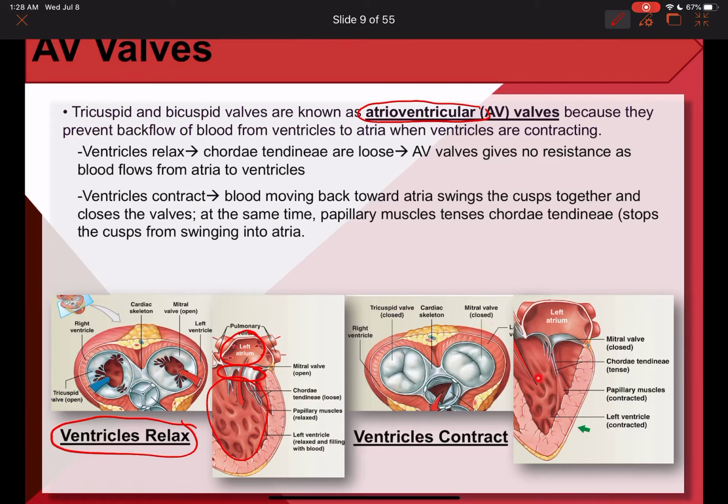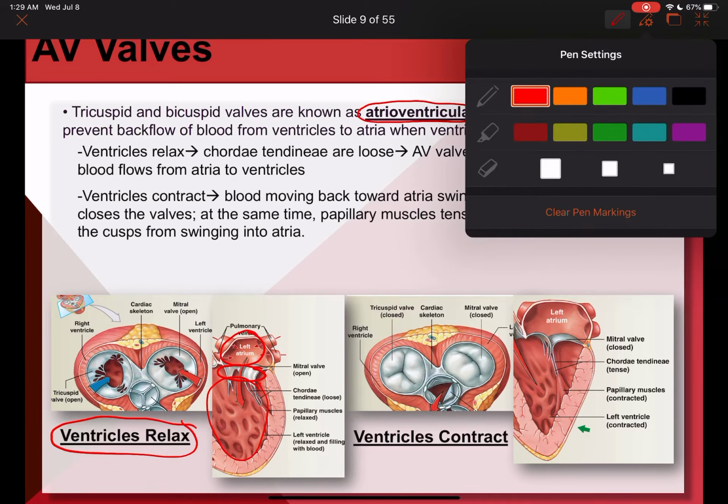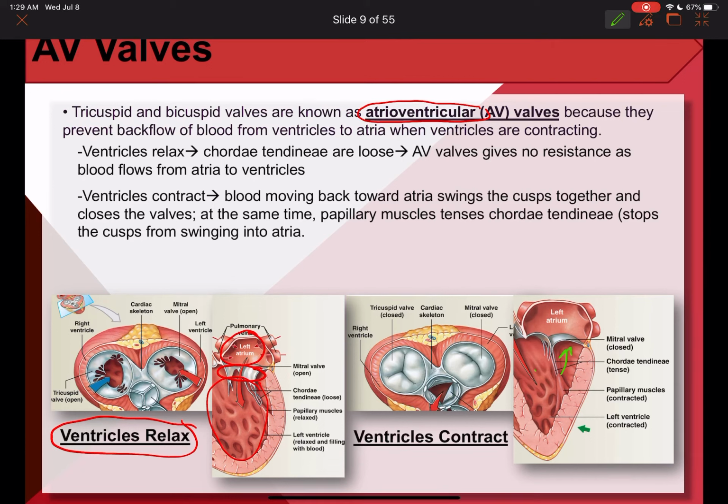But the blood can't go anywhere here, because when blood tries to go this way, what it ends up doing is it would just push the AV valve shut. It really shuts and closes up those valves. Blood should not be leaking into the atrium, and hence it will go towards wherever there's an opening, which would be your aortic valve going into the aorta.